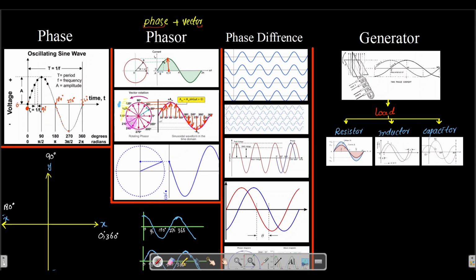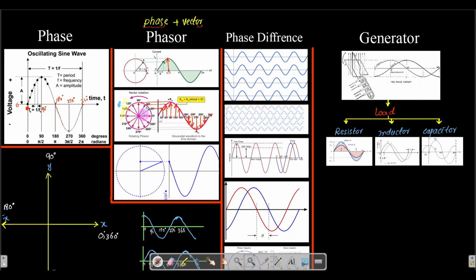Okay, so here, due to the motion of the vector which has the magnitude equal to the maximum amplitude, this vector is changing its angle. So by changing each degree of its angle, their shadow will be formed here.